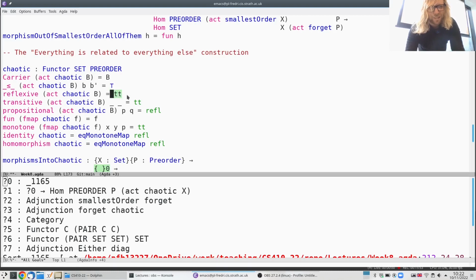So that's reflexive, transitive, and propositional. That was another thing we had. And if I now have a function from B to B prime, then that function is certainly going to preserve the order, because in the target I have everything related anyway, right?